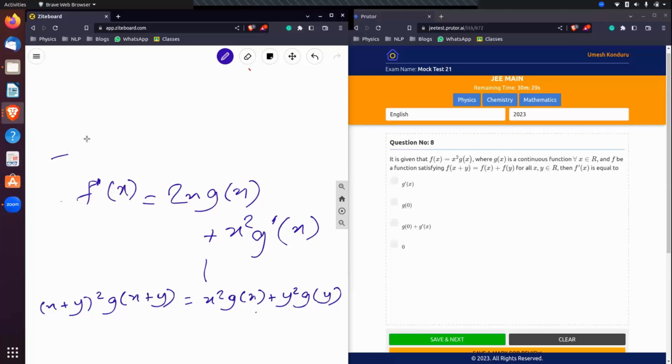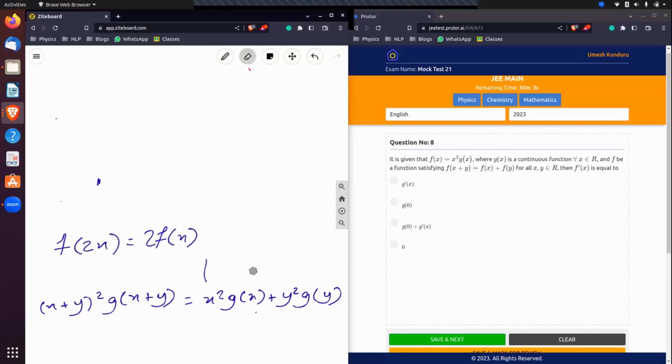If I just put y equals x, I get (2x) whole square times g of 2x. I could have done that here as well. What I get is f of 2x equals 2 times f of x. So let's try doing something with this.